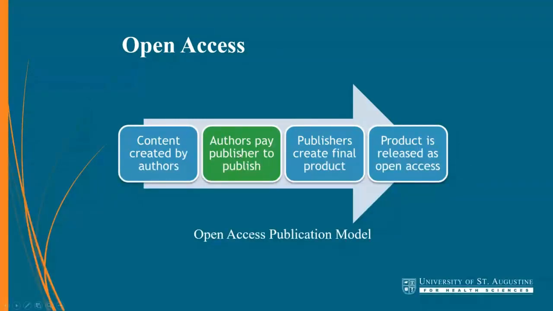Okay? A lot of people will conflate open access with predatory publishing, but that's not the case. Some of the most legitimate journals you can imagine have at least some form of an open access model that they might work with.